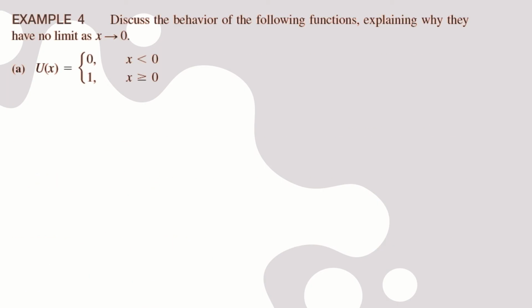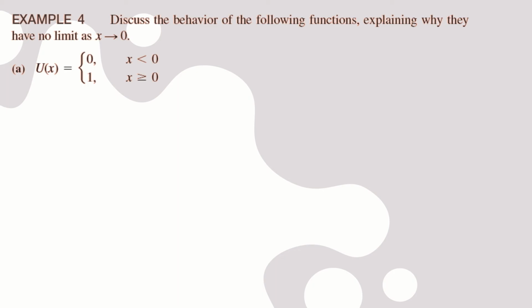Okay, so let's talk about some more functions and check their neighboring behavior. In this case the function is defined as follows: for x less than 0 the function is defined as 0, and for x greater than or equal to 0 the function is defined as 1. We want to check what would happen if we take the neighborhood, or check the neighboring behavior, of the function u of x in this case.